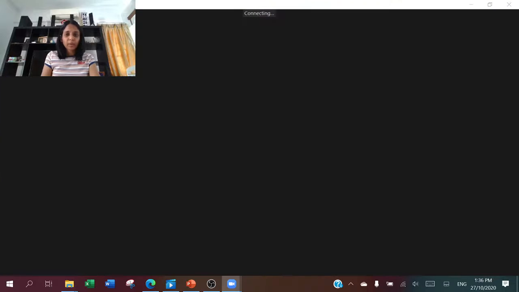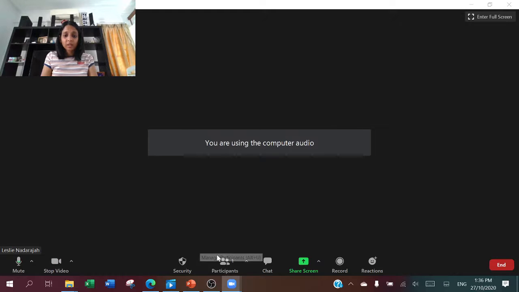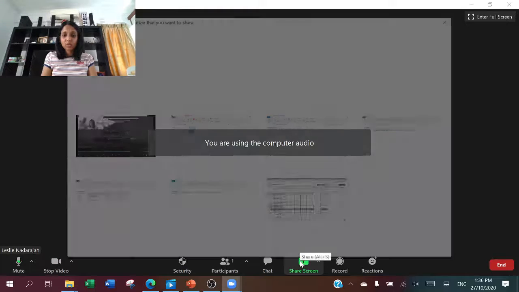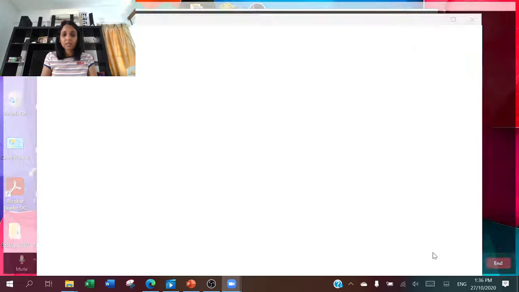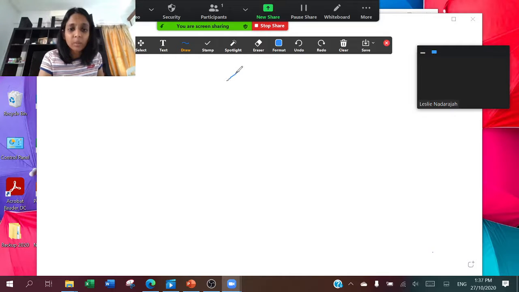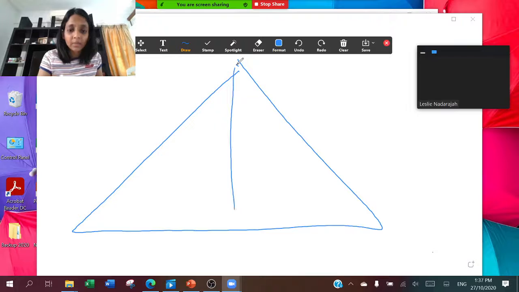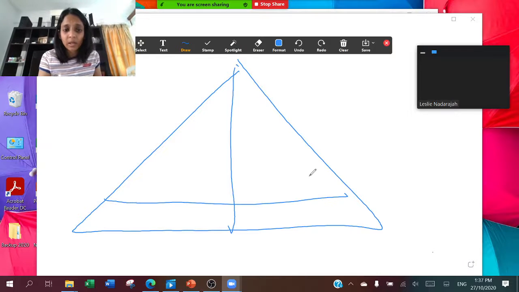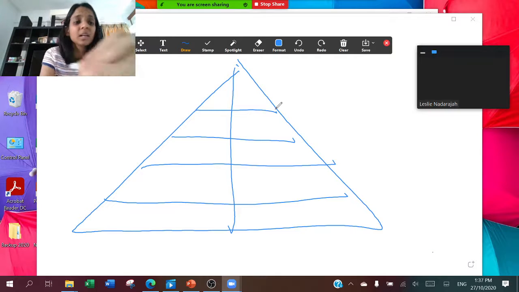So I'm going to my whiteboard and share my screen. I'm going to draw a huge diagram here and divide it into 1, 2, 3, 4, 5. So this is the anion test. I hope you all remember.